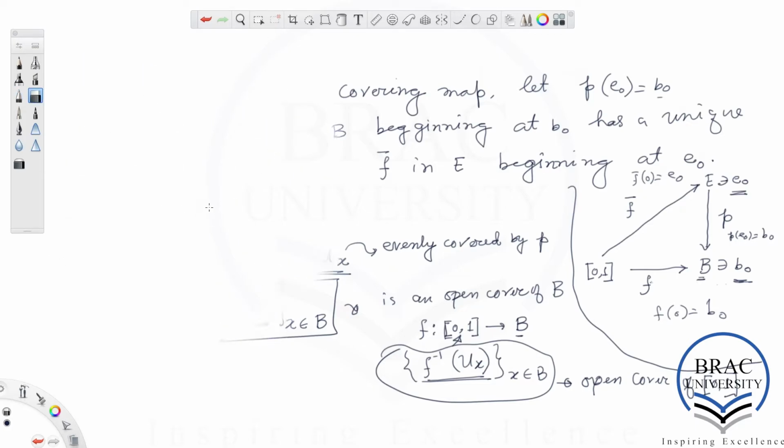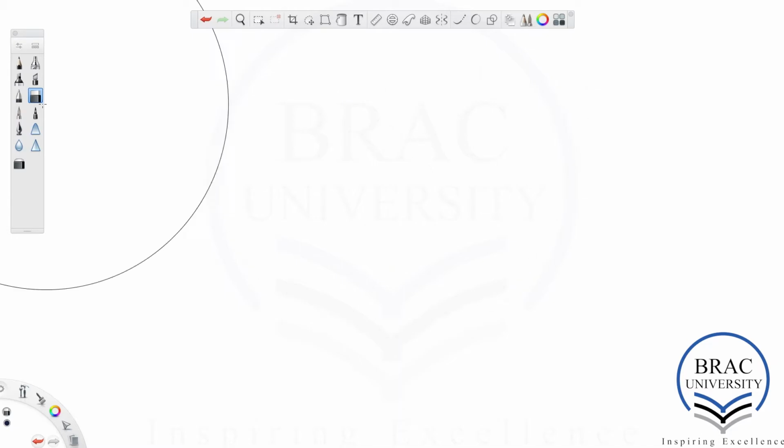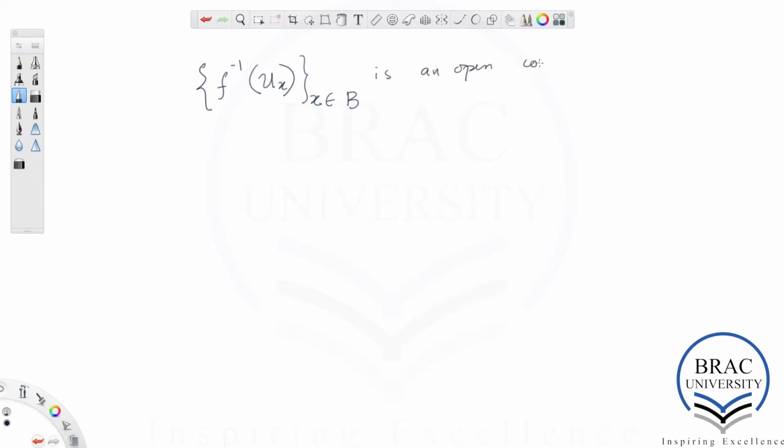So we have just seen that the inverse image of U sub X under F, as X varies in the topological space B, is an open cover of this interval from 0 to 1. And 0 to 1 is a compact metric space.